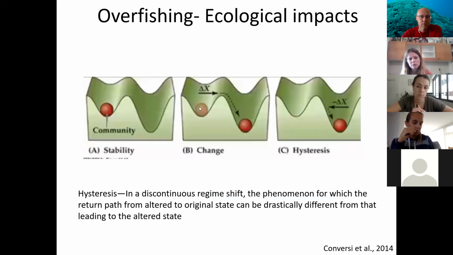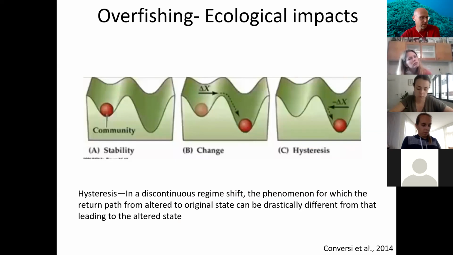If I have a change, it can change the height of the barrier that I have. It could go from here and drop to a new state of stability. Now it stays over here. Meaning if I was here, for instance, this was a coral environment, I can switch to an algae-dominated environment.